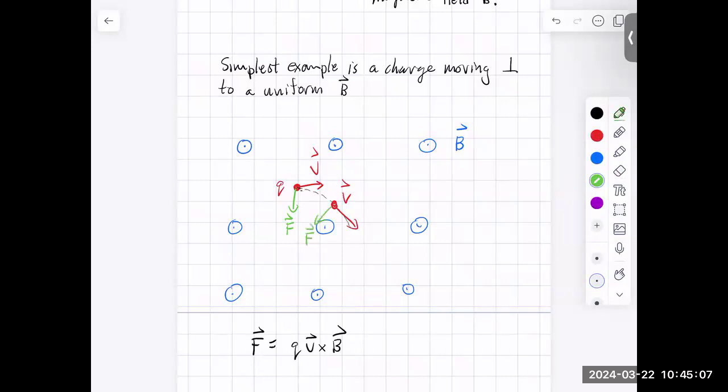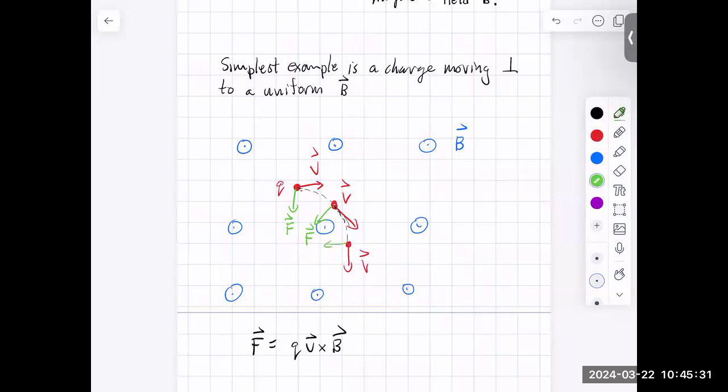So every time the charge changes its direction, the direction of the force changes a little bit. And so this would follow a path that would do something like this. And now we're over here. V is down, B is still out of the page, and now the force is to the left.